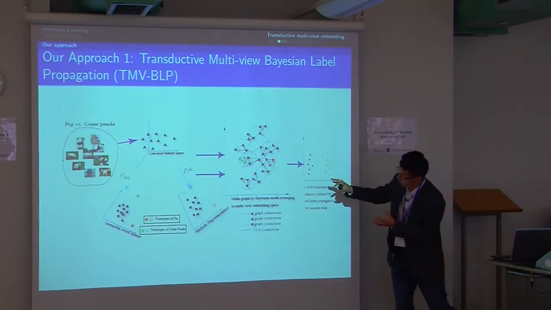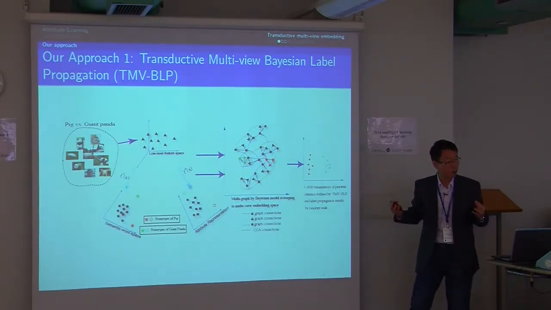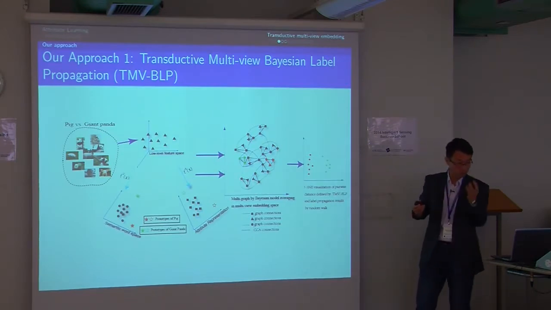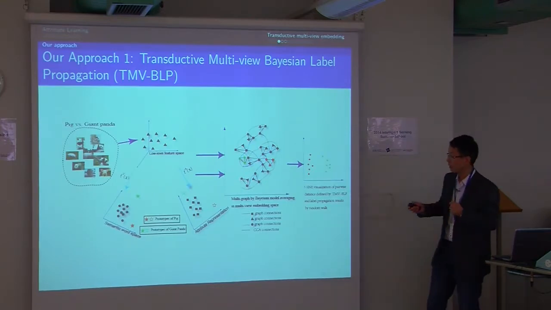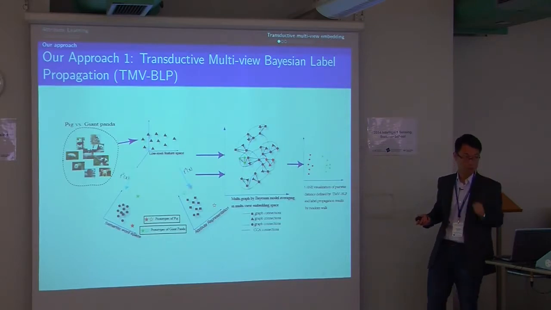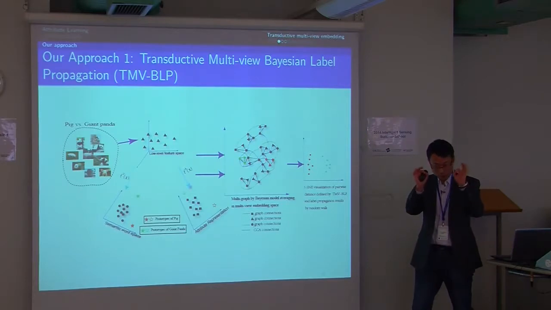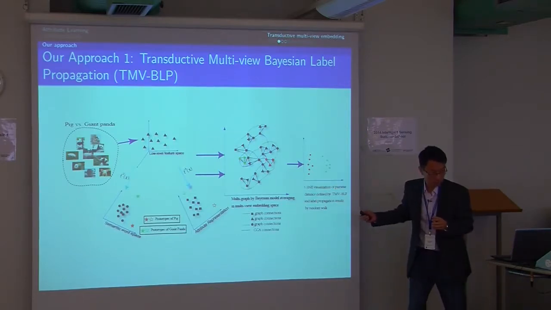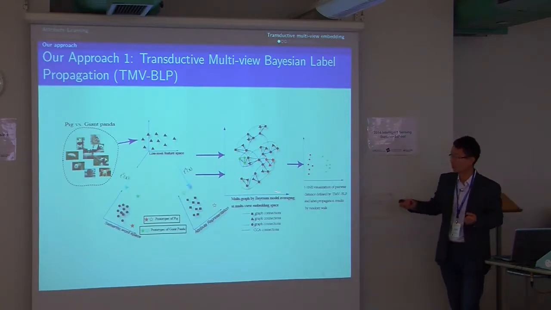What we are doing here is related, but slightly different. We still form a graph, a KNN graph. And each node actually has multiple views. And we do a Bayesian average to combine them into a single graph. And we have a prototype, which is a single point, which tells us which class this point is. Then we propagate this prototype to these unlabeled points via random walk, and we want to find an optimal labeling for all the points.